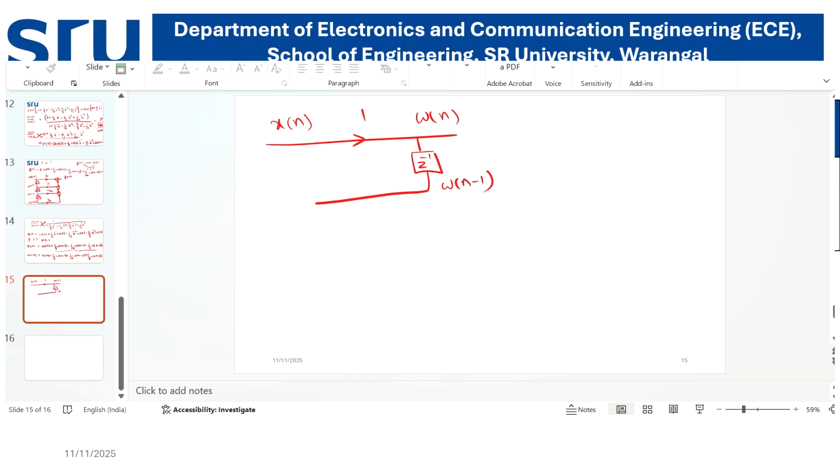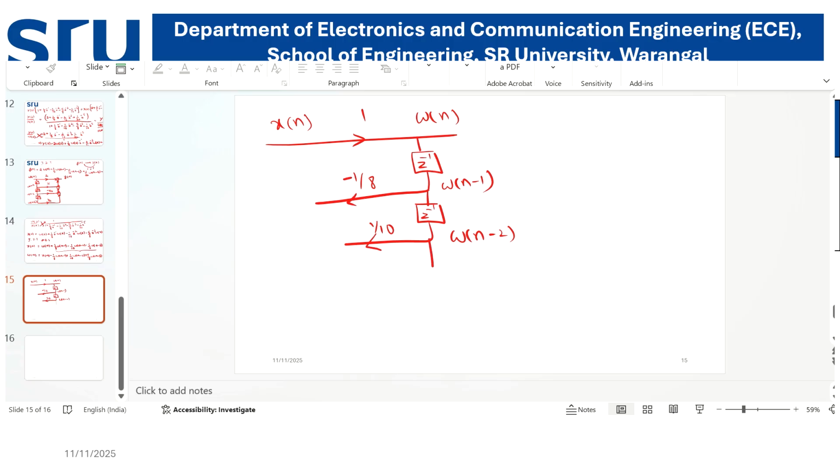The coefficient for w of n minus 1 is minus 1 by 8. Next, to get w of n minus 2, it is delayed by one more sample. The coefficient for w of n minus 2 is 1 by 10.